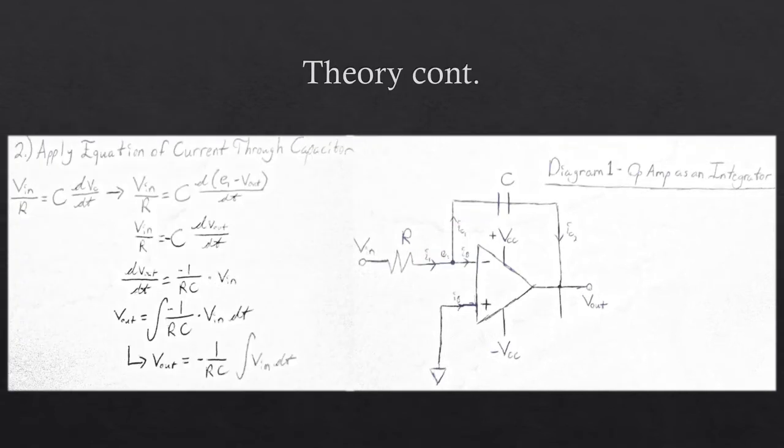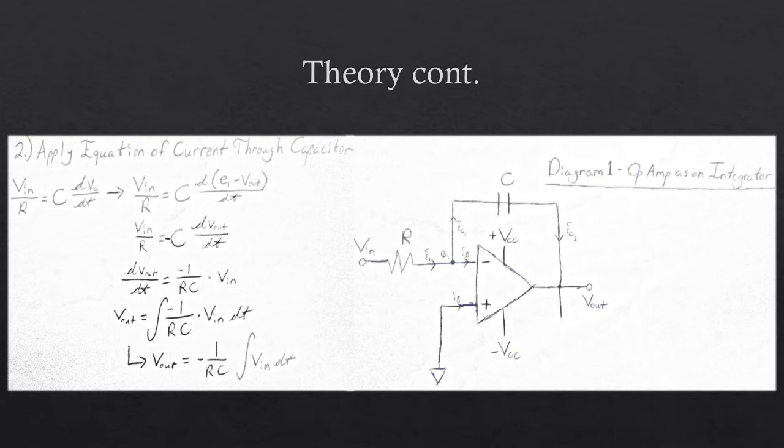Alright, now that we've got an equation going, we can relate the current going across the capacitor to its capacitance and the voltage of the capacitor, that is IC is equal to C multiplied by dVC over dt, and equate that to the Vn over R that we have.